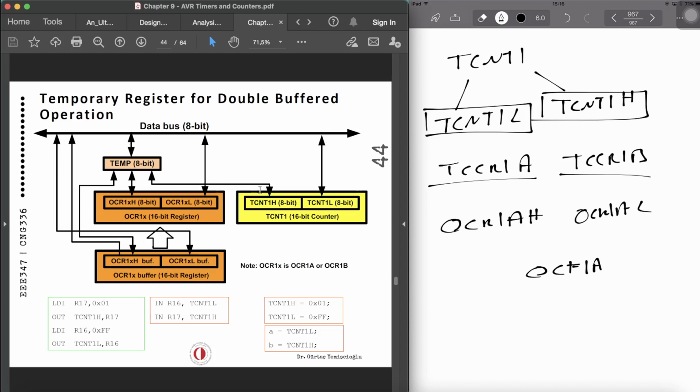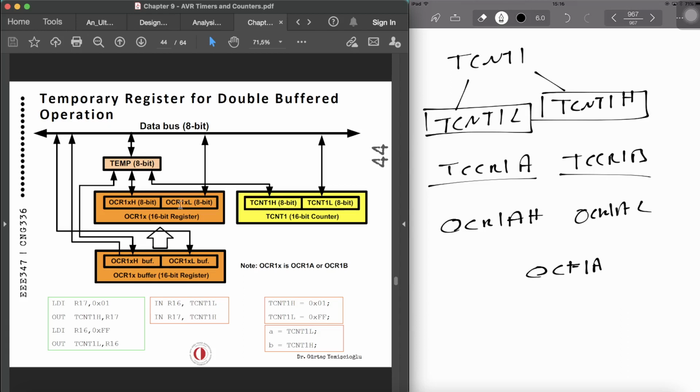So this one has to go into the temporary register first, and then TCNT1H. That's why we first need to write over here, and then from there to there, so they can be written at the same time. That's why we had to write that one first, and on the next clock, these two are stored in the same register.